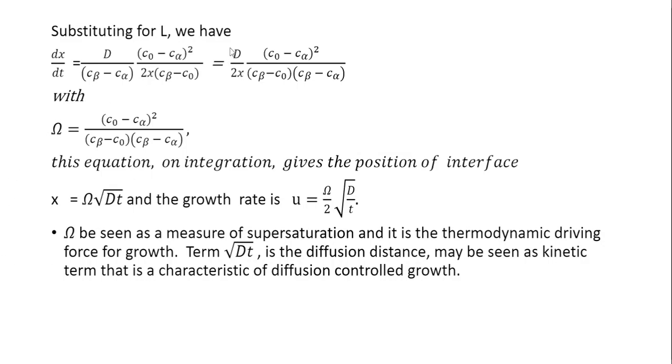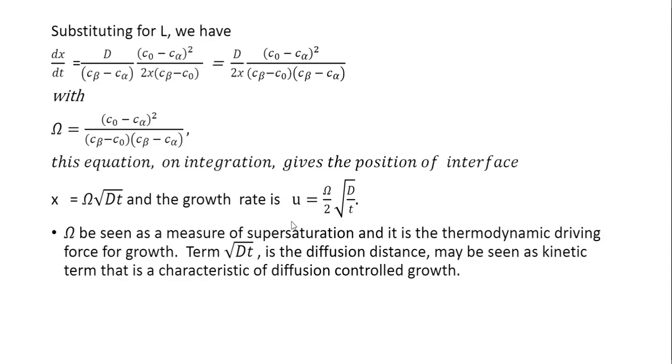If you represent this composition dependent term by means of omega, then this equation can be simplified. You can bring x onto this side, and dt onto the other side, so x dx becomes D by 2 into omega dt, and then you can do the integration.